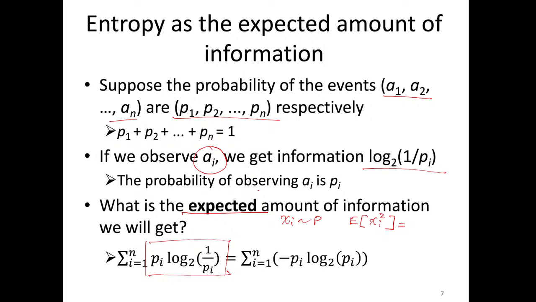Let's assume that xi is a discrete variable. Maybe I should say this probability function is discrete. So E of xi squared would be the summation of p of xi multiplied by xi squared, right? This is by definition. What's the definition of expected value? Basically, you just compute every xi squared multiplied by the probability of xi, right?